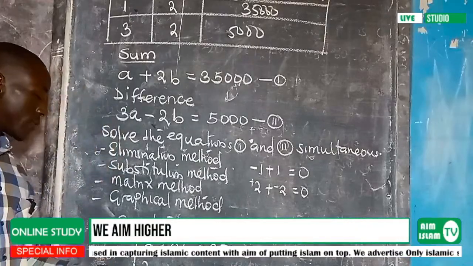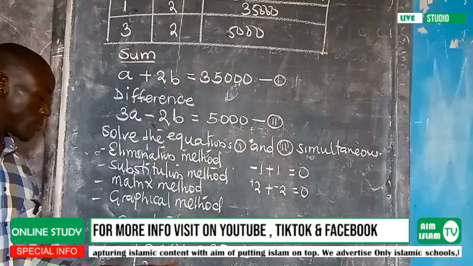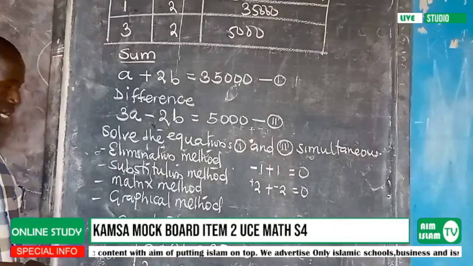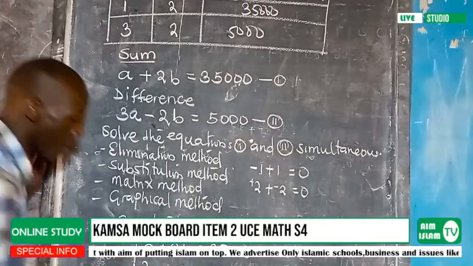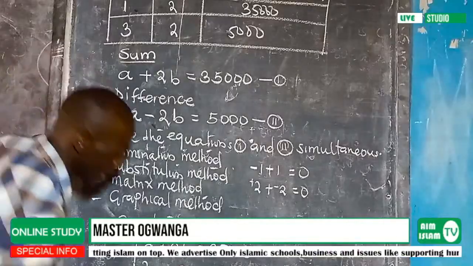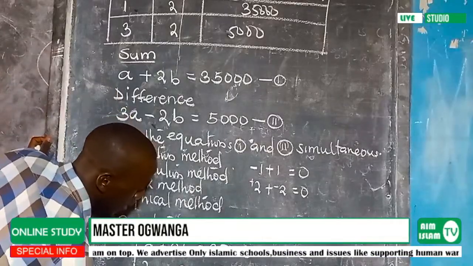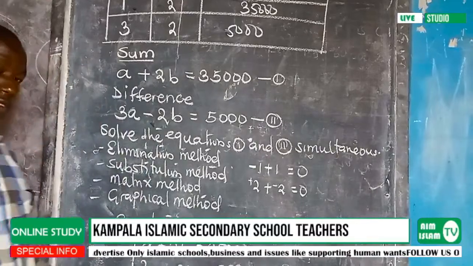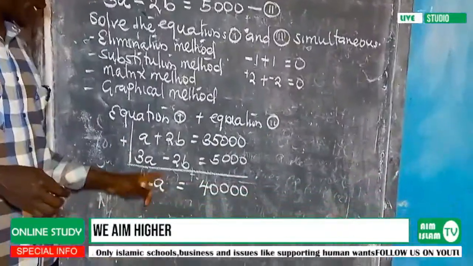Like I said before, positive 2b plus negative 2b will disappear. That is from integers. Now 35,000 plus 5,000, you end up getting 40,000.